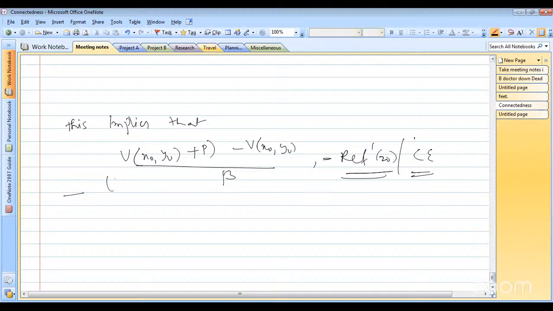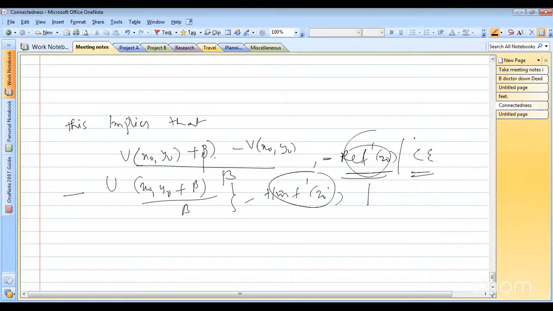Therefore, minus v of x naught, y naught plus beta, divided by beta, is the imaginary part. This is the real part, this is the imaginary part, and that is also less than epsilon for 0 less than beta less than delta.